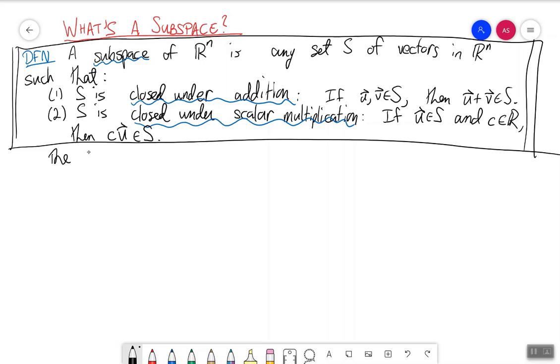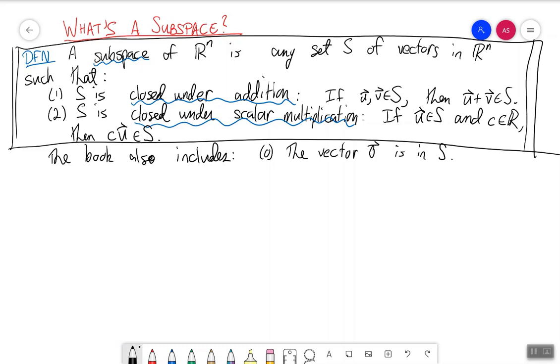The book also includes what I'll call condition 0, that the 0 vector is in S.